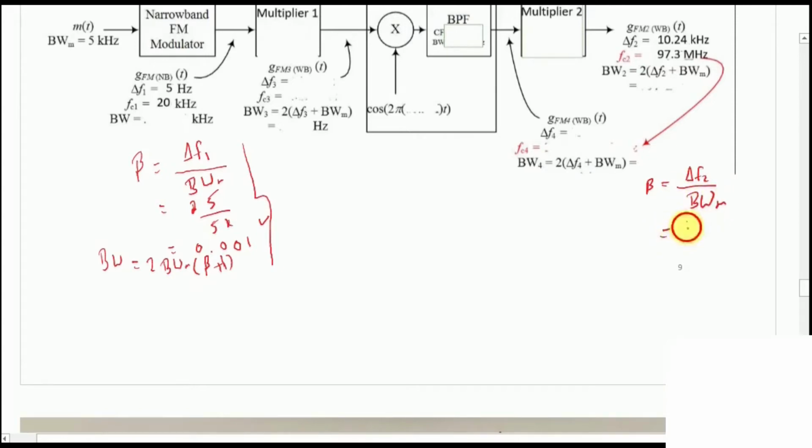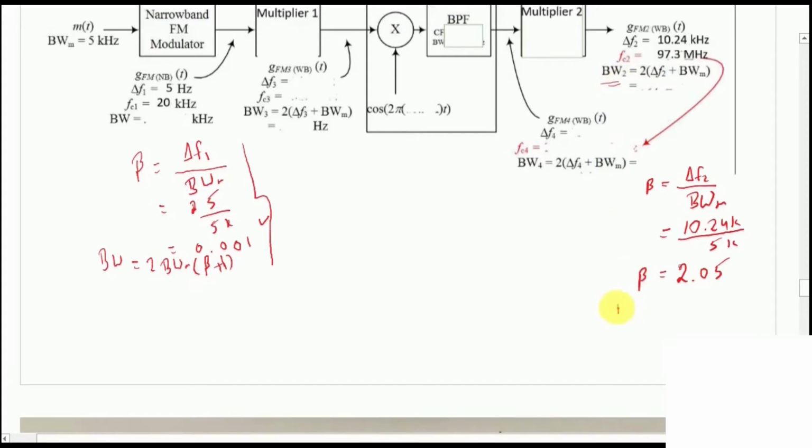This is 10.24 kilohertz divided by 5 kilohertz, which equals 2.05. This is another check, since it is greater than 0.3. So this is an example of wideband FM.